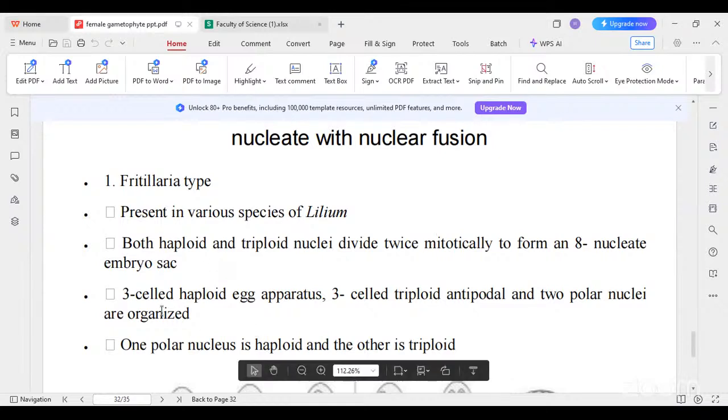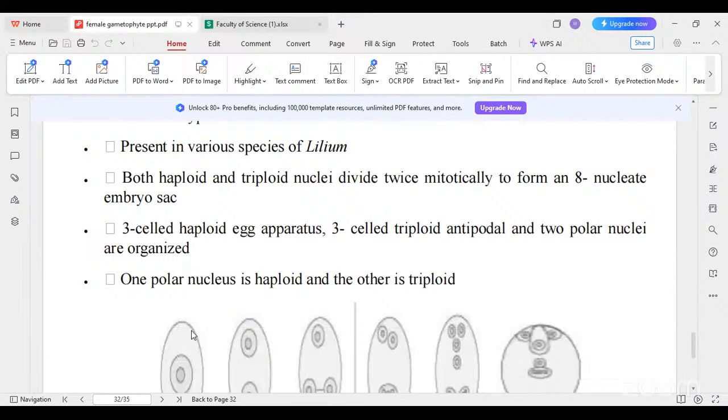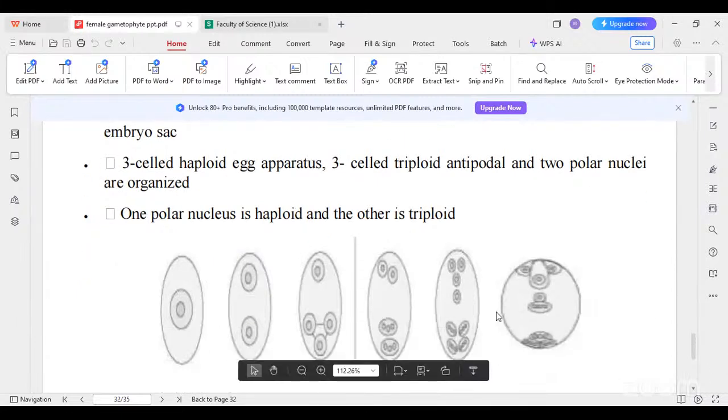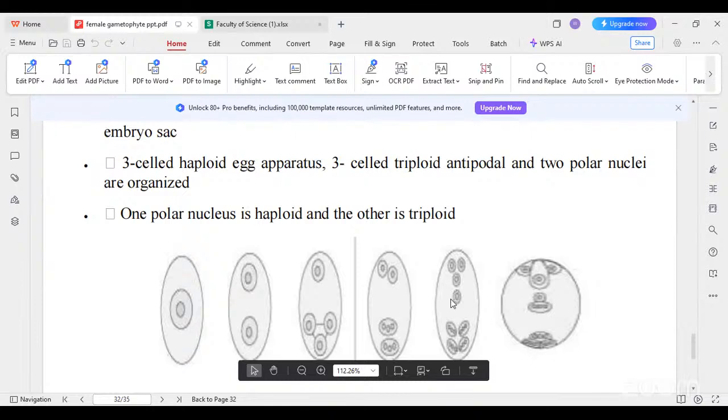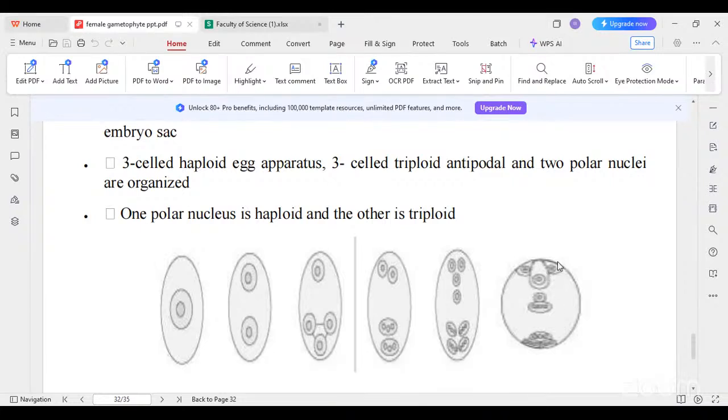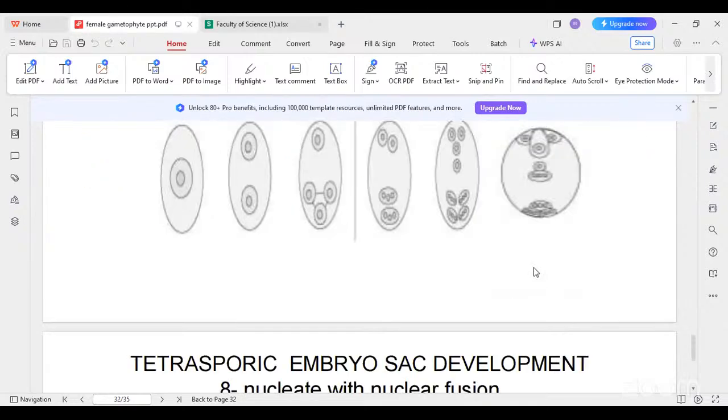In the 8, a 3-celled haploid egg apparatus, 3-celled triploid antipodal cells, and 2 polar nuclei are organized. One polar nucleus is haploid, and the other is triploid.